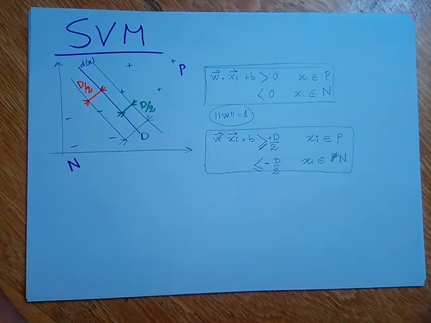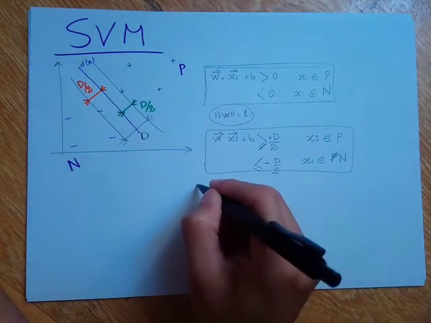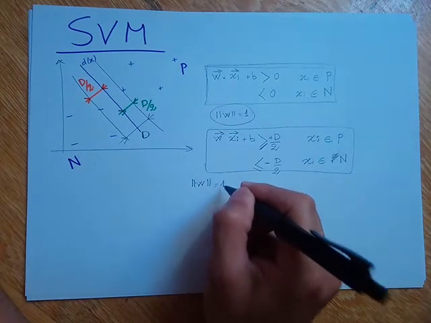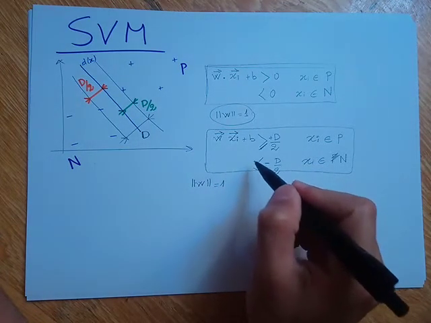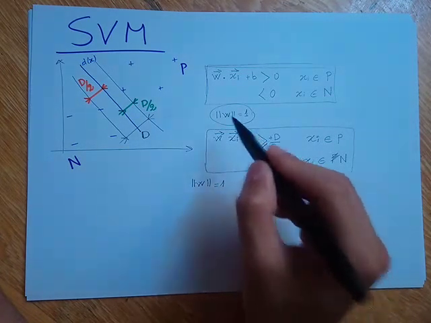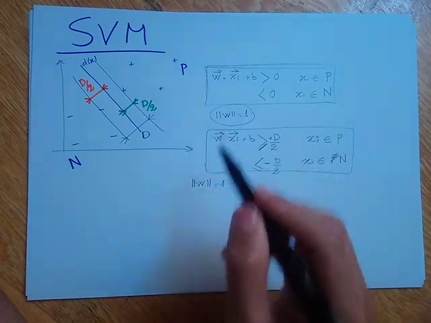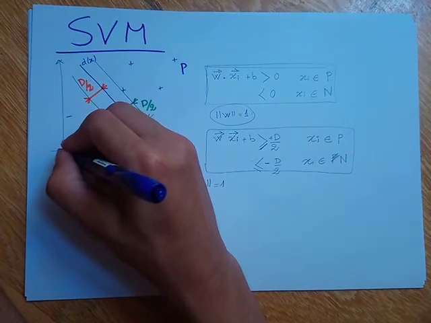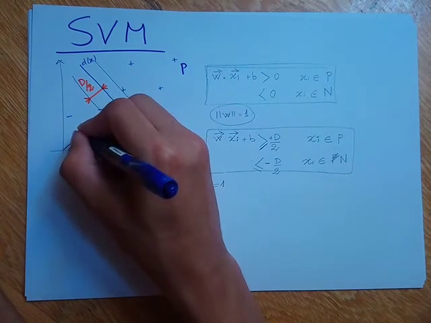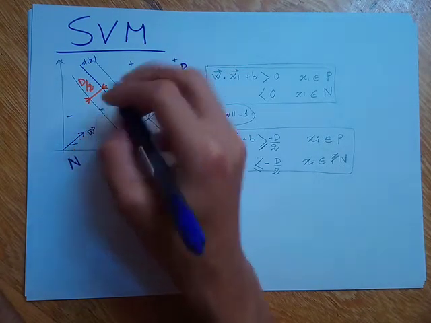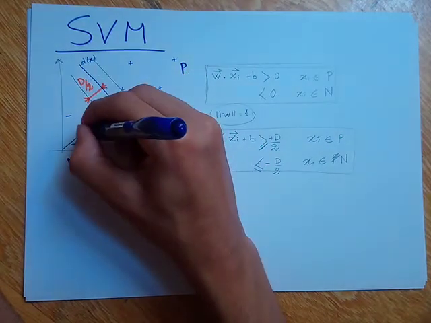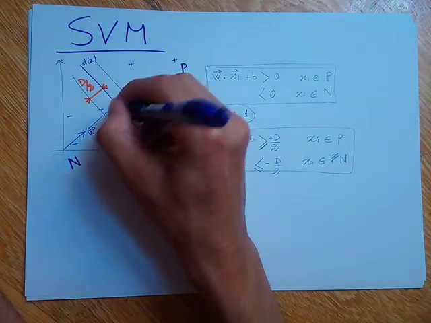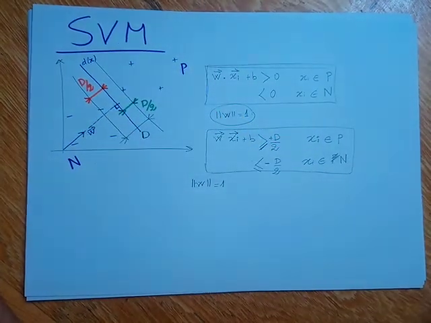Now what we need to know is that the magnitude of w is not always 1, because remember, this thing here is true only if the magnitude of w is equal to 1. And w, just a reminder, is a vector that points perpendicularly to the decision boundary. This is my decision boundary. This is w, just in case you forgot about w. Okay?